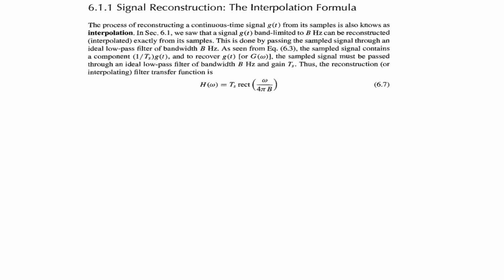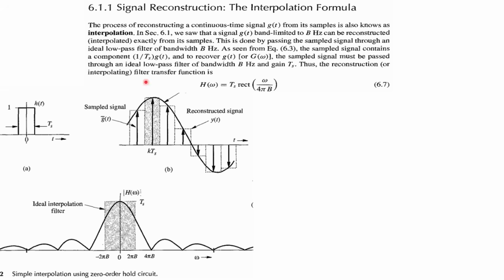First of all, how will you reconstruct the message? Using the interpolation formula: the process of reconstructing a continuous-time signal g(t) from its samples is also known as interpolation, right?